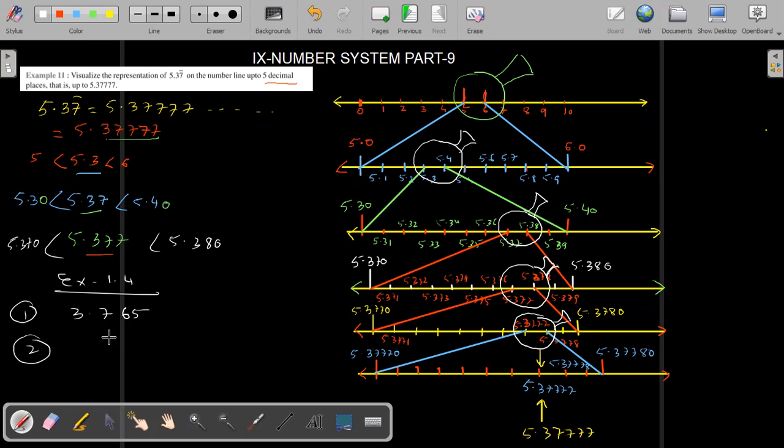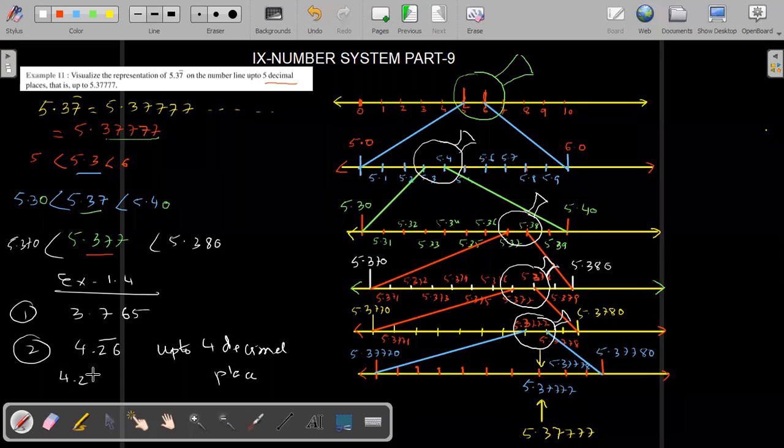If it is recurring, then it will be written up to 4 decimal places. That means you will represent up to 4.2626. This will be represented up to 3 decimal places. Okay, got it?